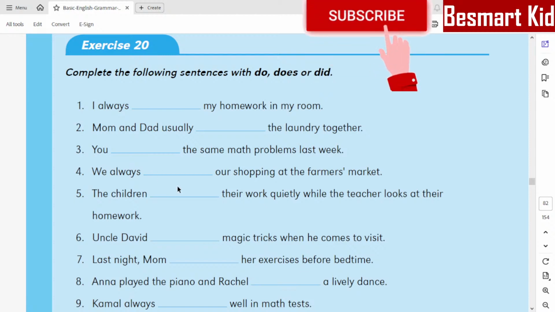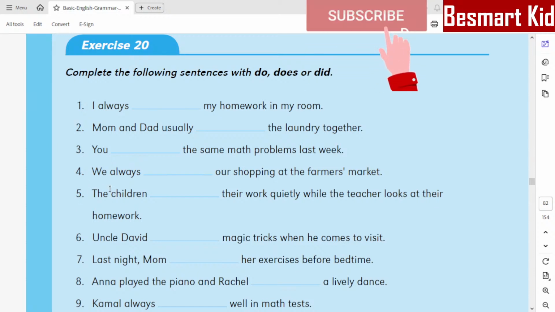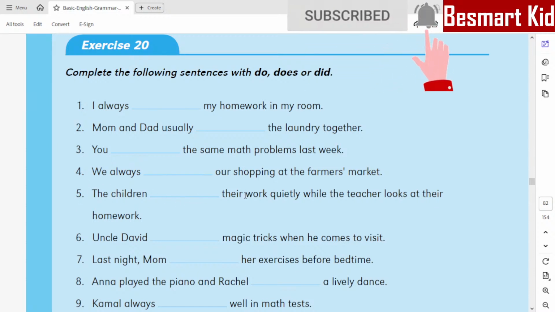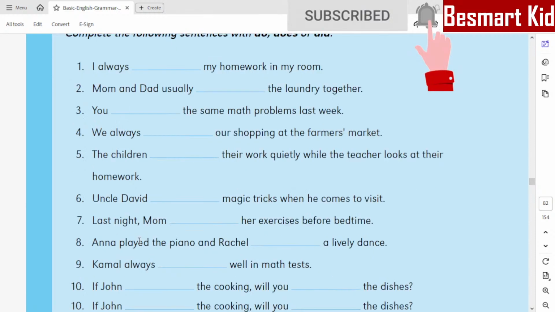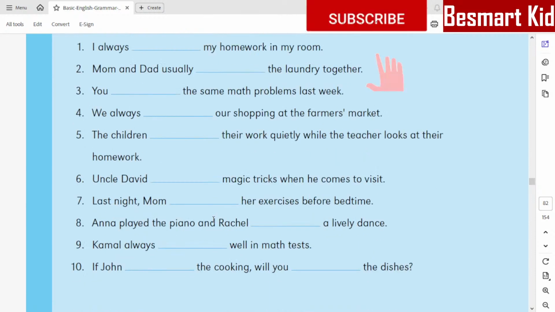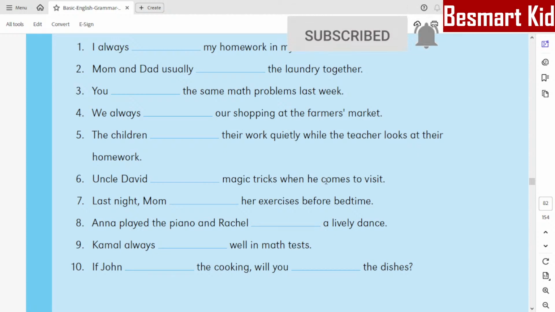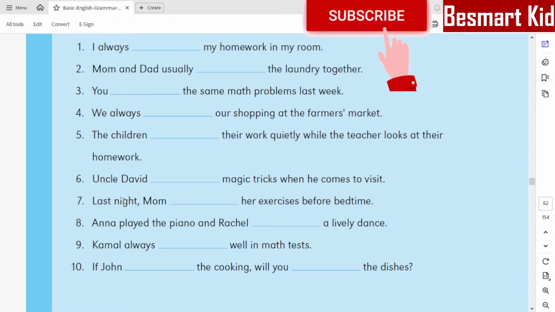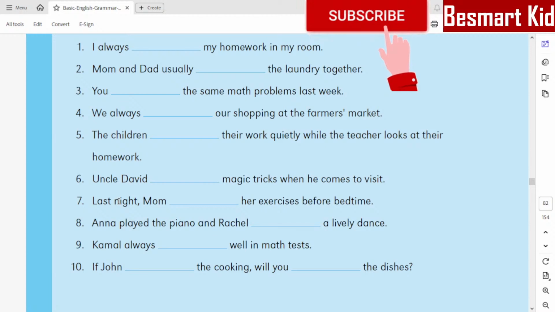Fourth, we always do our shopping at the farmer's market. Fifth, the children do their work quietly while the teacher looks at their homework. Uncle David does magic tricks when he comes to visit. Last night, Mom did her exercise before bedtime.